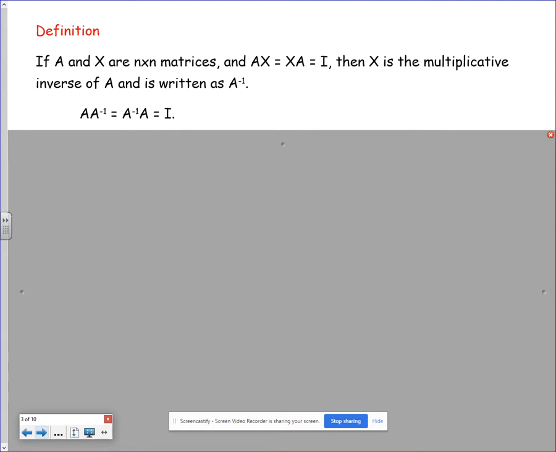And the symbol for the multiplicative inverse of A is A with a little -1. That means the inverse of A. If you think about real numbers, like 3 times 1/3 gives you 1. 3 and 1/3 are inverses of each other because you get the identity over here, 1.